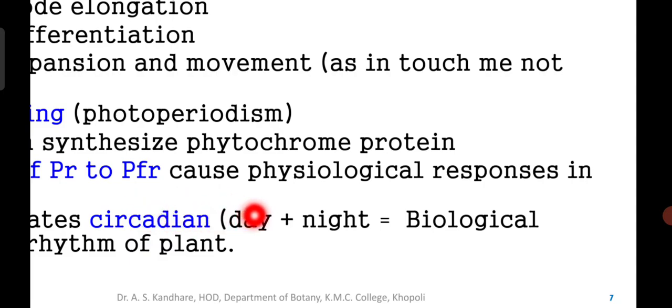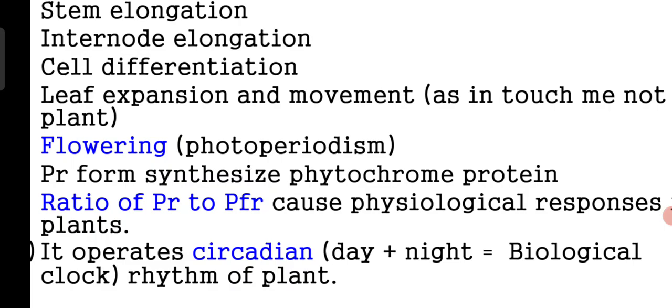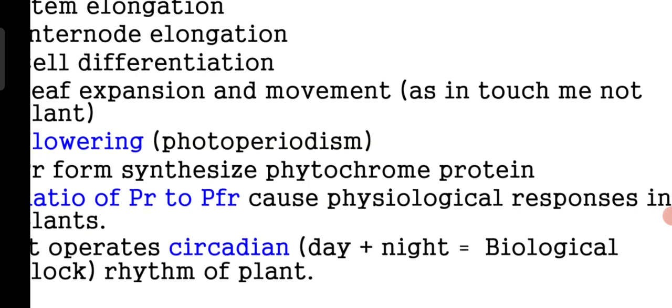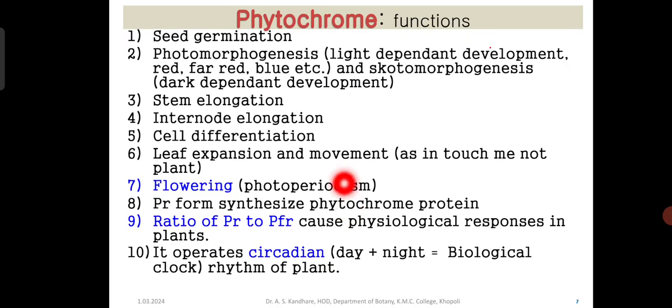And circadian rhythm means the daylight period and night darkness periods. ये दोनों का मिल करके बनता है बायोलॉजिकल क्लॉक। तो ये बायोलॉजिकल क्लॉक जो होता है, it is the effect of day and night, daylight and night darkness. So light and darkness play vital role and together it constitute circadian rhythm in the plant. और ये रिदम से ही फाइटोक्रोम का संबंध है, isn't it?